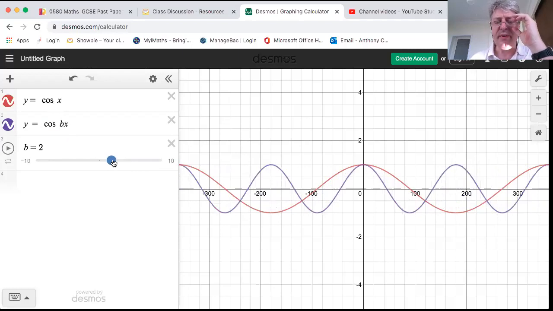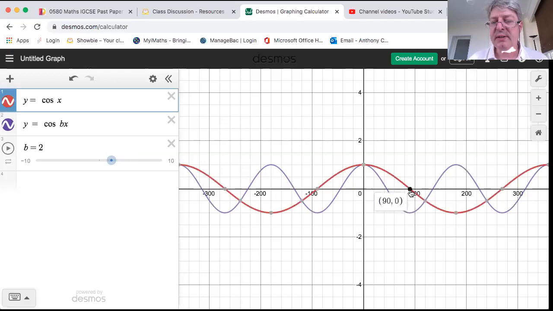Now, it seems odd that that's happened. It seems hard to distinguish what's happened there, but what essentially has happened is this. The values on the original red curve have halved. So if you remember this value here, this is the value 90 degrees, and the y value is 0.